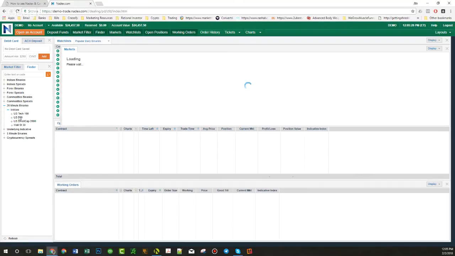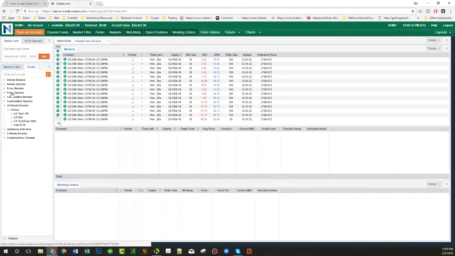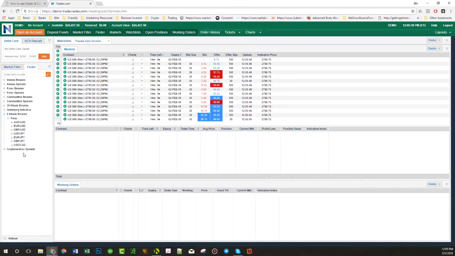However, if you want to trade the US 500, these are different indices you can trade, not individual stocks but the different indices that are out there. And if you're more of the quick-hitter scalper type, you have the 5-minute binaries on Forex.